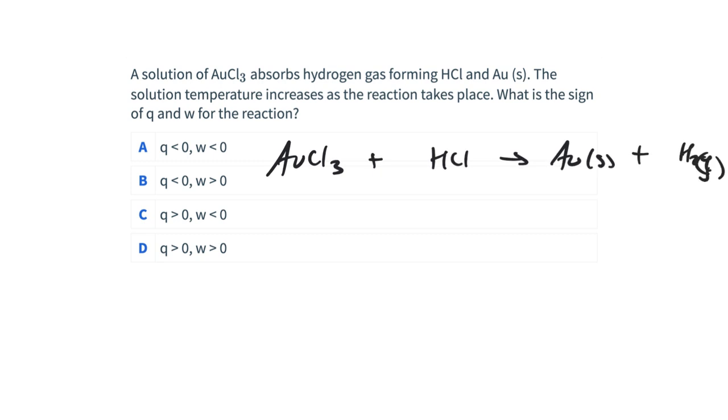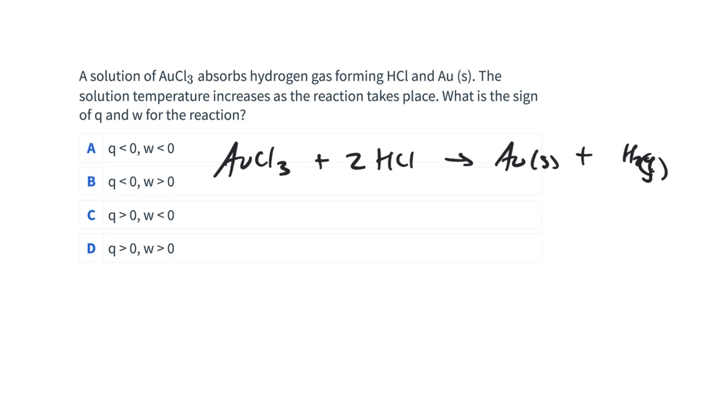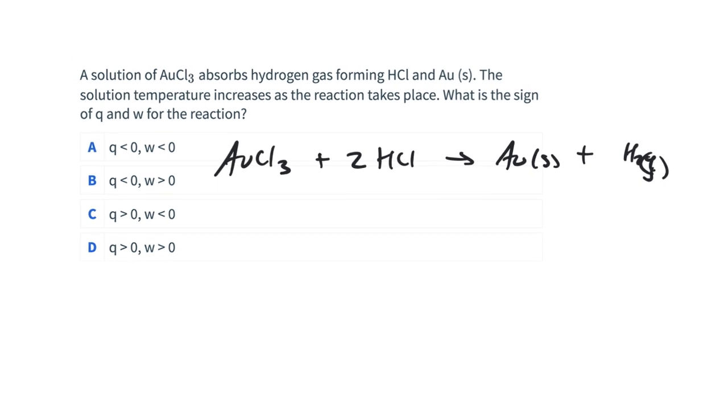If we want to balance this out, I could go 2 here, but then I can't really balance my... I swapped the reactant. This should be H2 over here. So gold chloride in solution absorbs H2 gas, and then the product here is HCl.